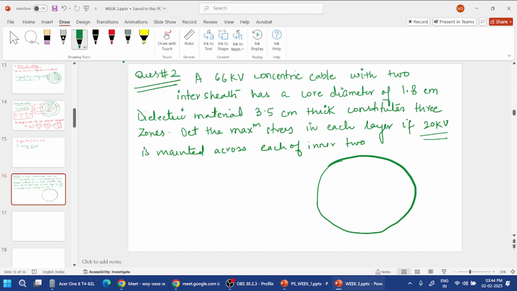So first is this, then this one is here, then another layer is here, one, two, three, and then this is the conductor. I think the diagram is quite visible to all of you.